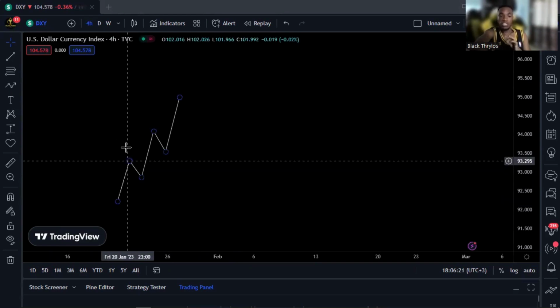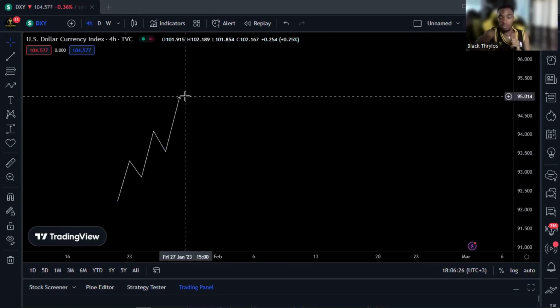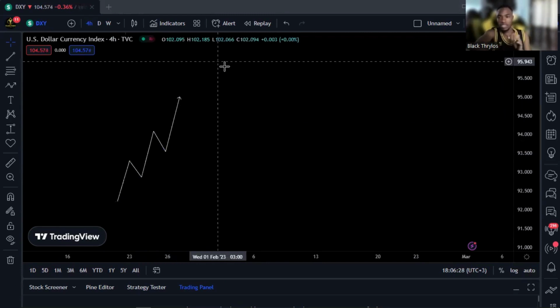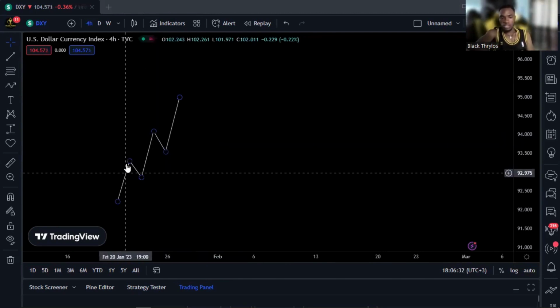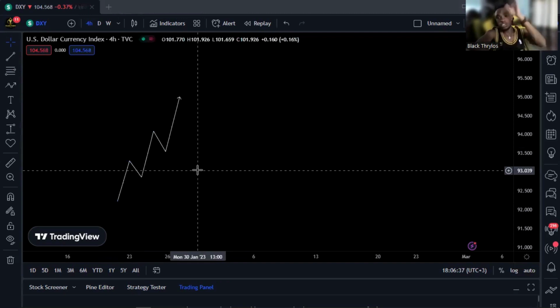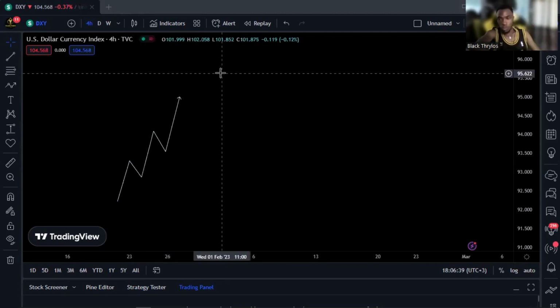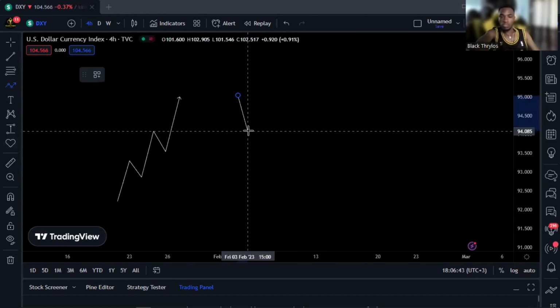You'll find prices have created a high, a low, a higher high, a higher low, and so on and so forth. So this is a bullish market, as prices are creating higher highs and higher lows, coming from a lower place going to a higher place. In a bearish market, prices will be creating something like this.